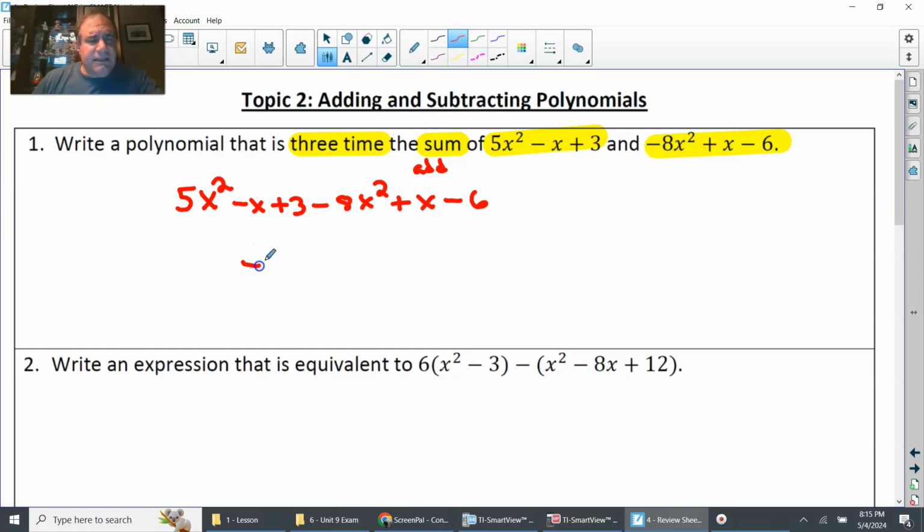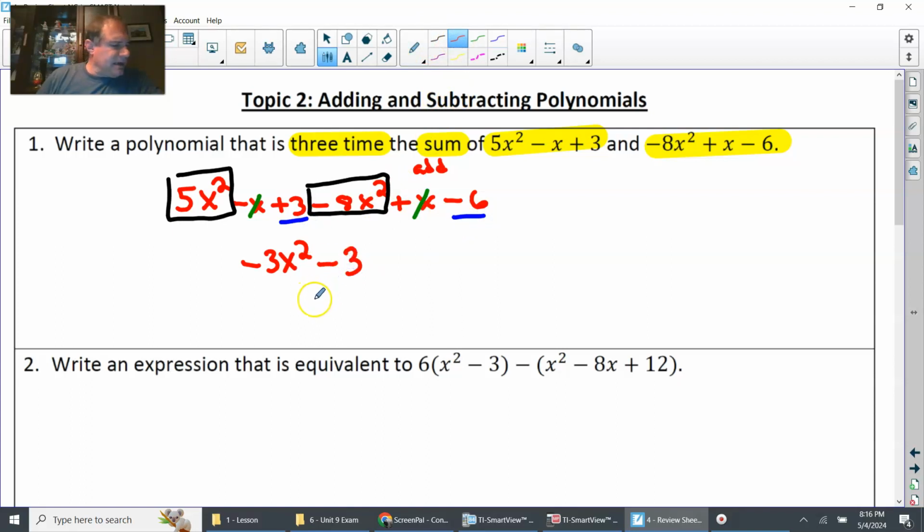is -3x squared. Then I'm going to go -x and +x. They cancel. All right, so I am boxing out this and this. And then these cancel. And then you have 3 minus 6. So that is a -3.